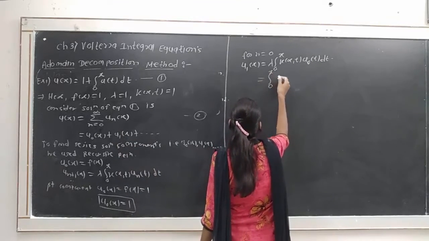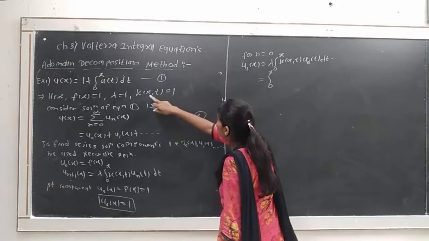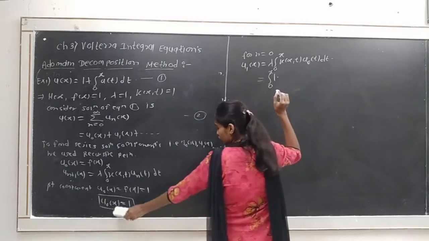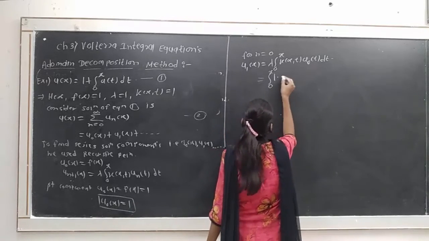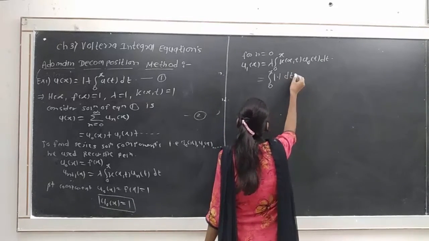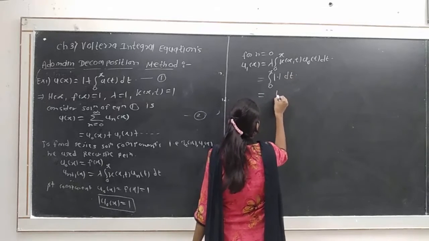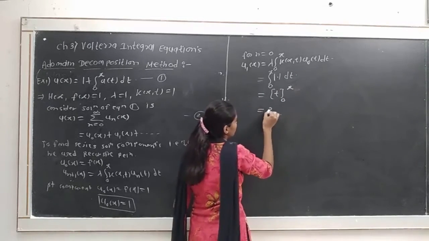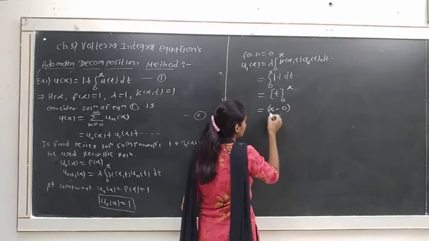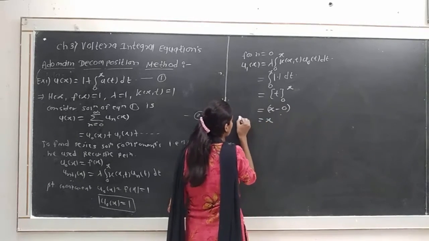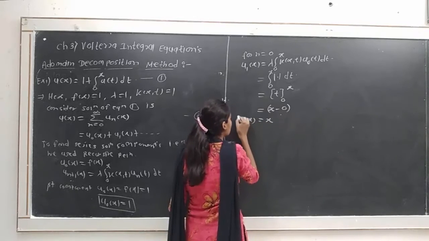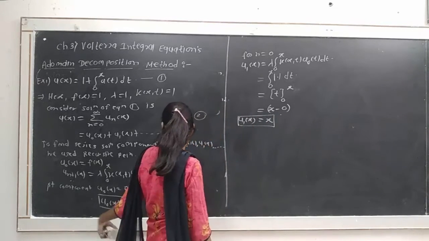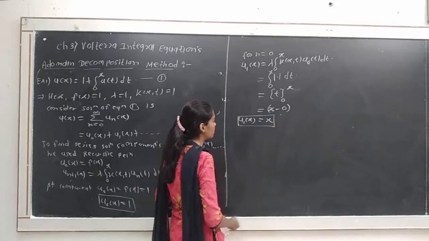So integration from 0 to x, the kernel will also be 1, that is 1 into u0 of t. u0 of x is the constant 1, so u0 of t is also 1. So 1 into dt. Then the integration of dt will be t, limits from 0 to x. So by putting in the limits we get x minus 0, that is equal to x. So we get the first component u1 x is equal to x. The zeroth component is 1, the first component is x.